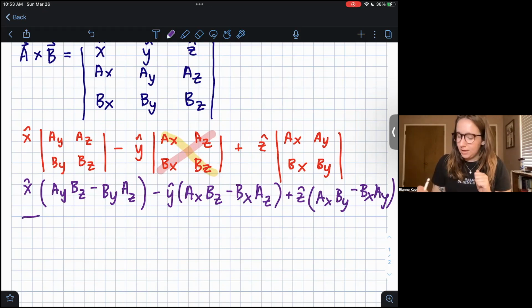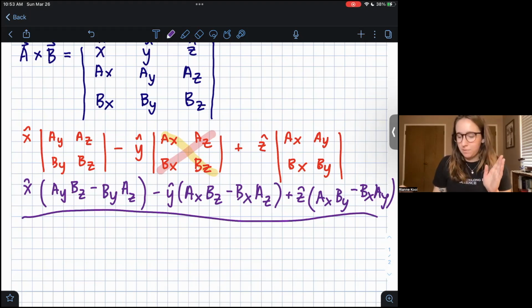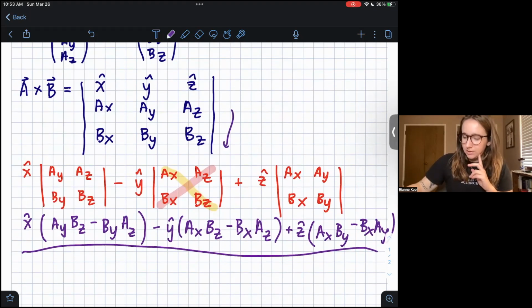So this is a lot to memorize, but if you memorize these two steps, making a matrix and then finding the determinant, you can do this every single time. It's important to note when you see this that for the X direction, it only depends on the Y and the Z components, and then Y only depends on the X and Z components, and then for Z hat, it only depends on the X and the Y. So if you're lucky, a lot of the time, these things cancel out.